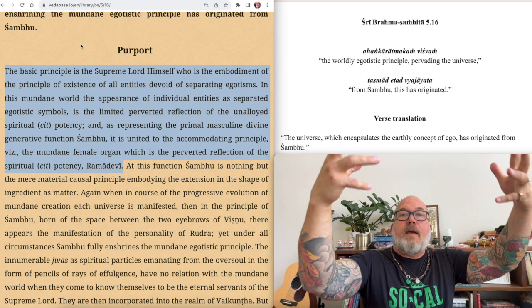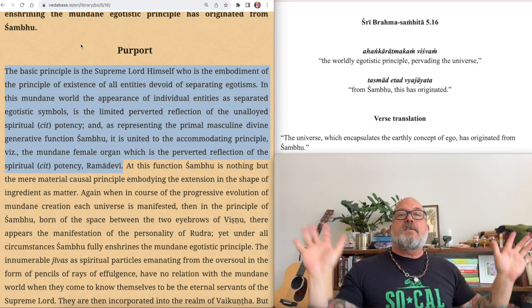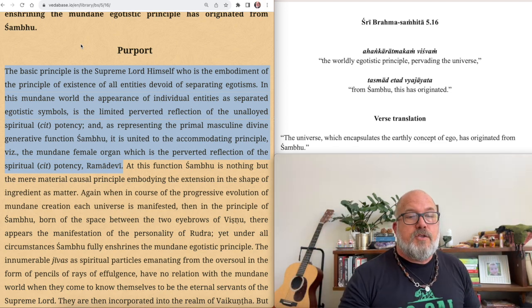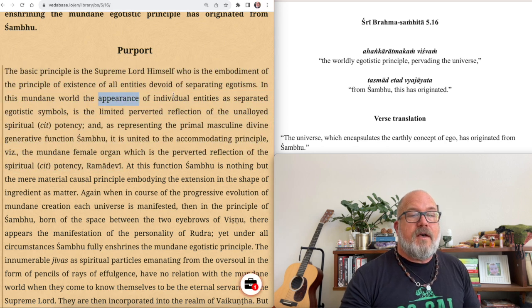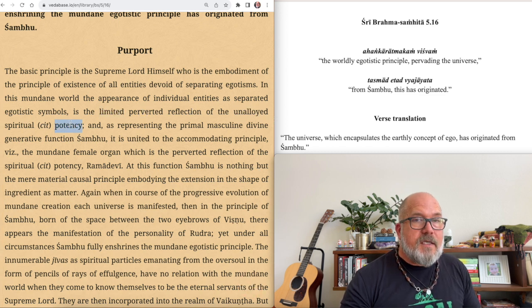We're not separate from God in the spiritual universe. In short, in this mundane world, the appearance of individual entities as separated, egotistic symbols is the limited, perverted reflection of the unalloyed spiritual chit potency.